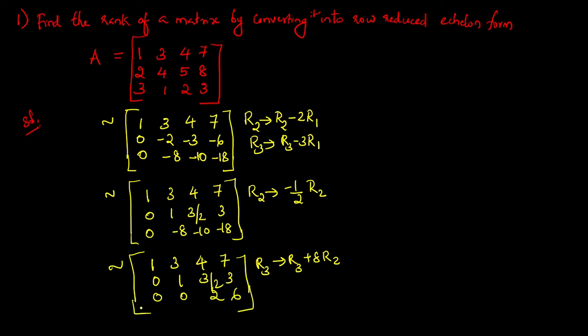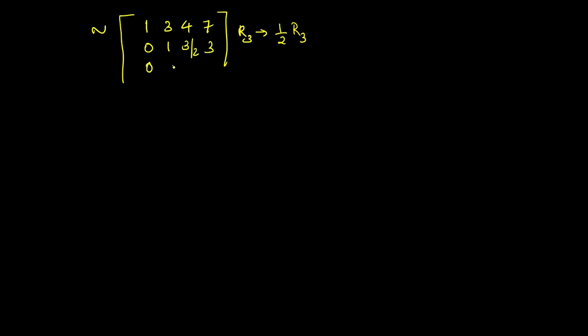Now we have to make the third element of the third row 1. For that, use the row transformation R3 gives 1 by 2 R3. Then the third row becomes 0, 0, 1, 3.